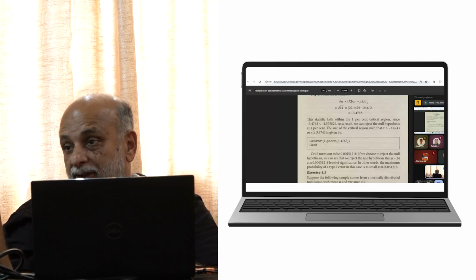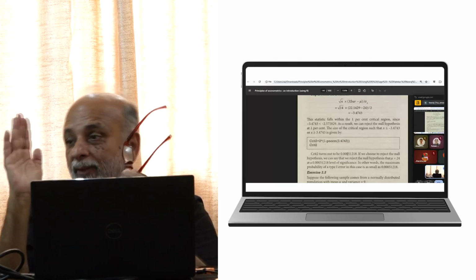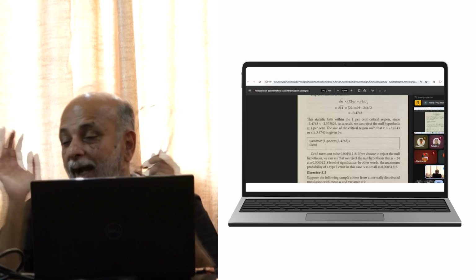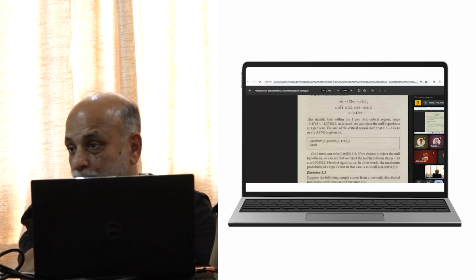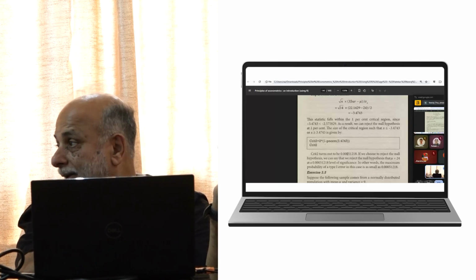What is the critical region? So 1 minus pnorm will give you the area to the right. And because we are looking at the area to the right and the area to the left, you must multiply by 2. Right?